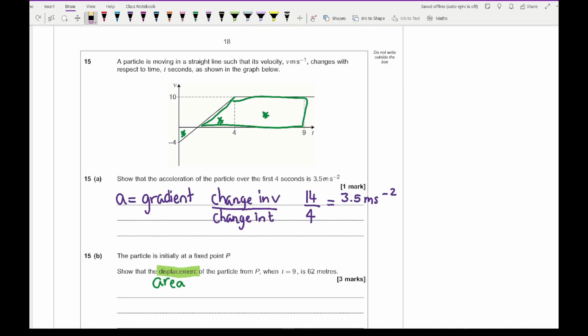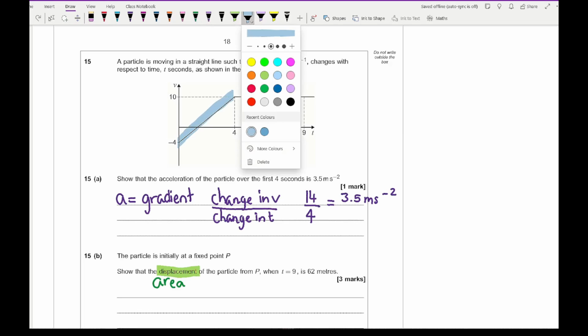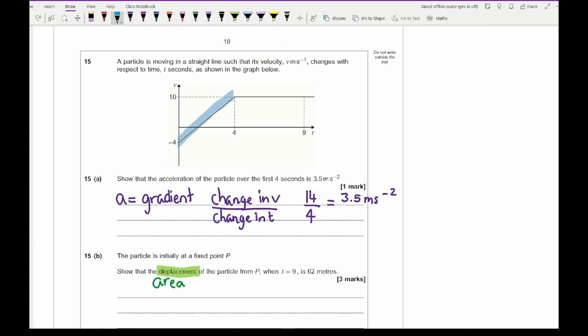Or we could use our SUVAT equations to help us find some of these values out and bring everything together for our displacement value. If I look at the first part of the graph, the part where we have constant acceleration of 3.5, so if we take that first part and use SUVAT, we can get the information from the graph.